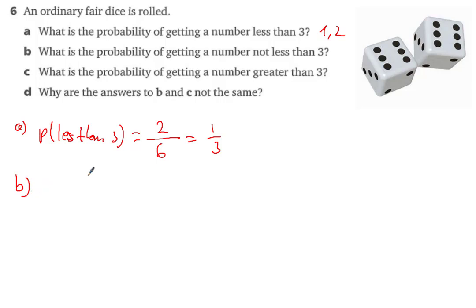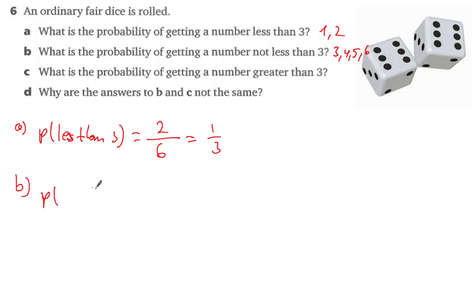Question B. What is the probability of getting a number not less than 3? So not less than 3 are 3, 4, 5, and 6. Read it carefully once more. Less than 3 is 1 and 2. It's not 3. But not less than 3 means not being 1 and 2, so 3, 4, 5, and 6.